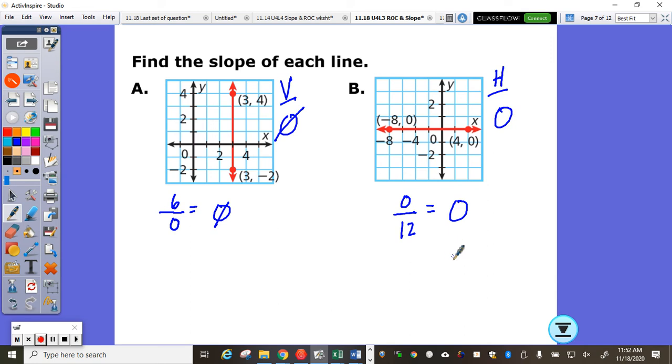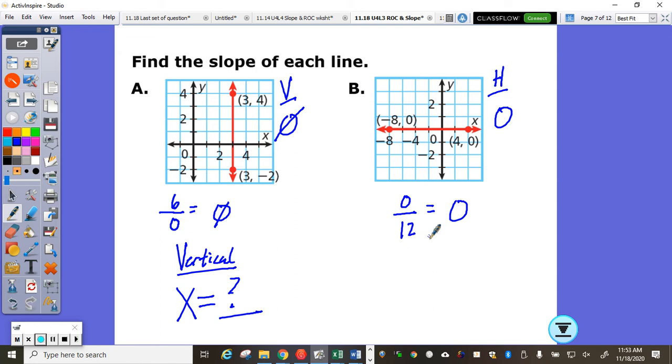Now there's one more piece to this that I want to make sure that you understand. Every single vertical line, the equation of it is x equals something.